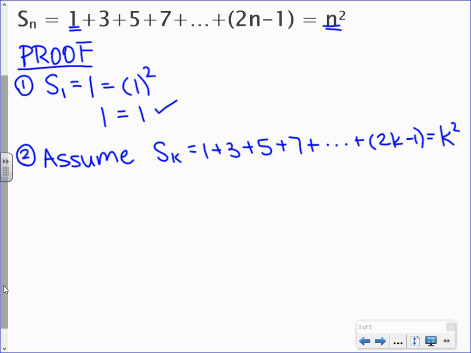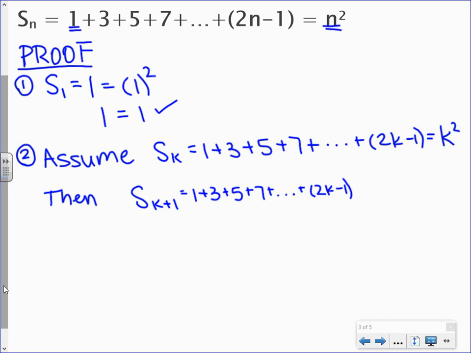Okay, here's what we do next. We're going to look at the k plus 1 sum. The sum of the first k terms is 1 plus 3 plus 5 plus 7 all the way up until 2k minus 1.